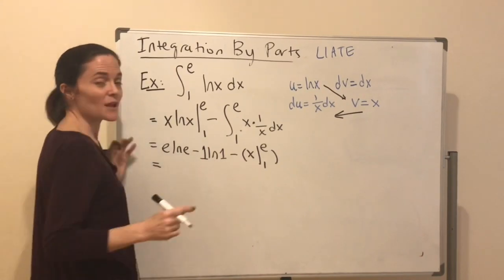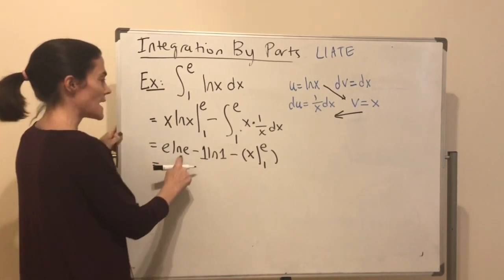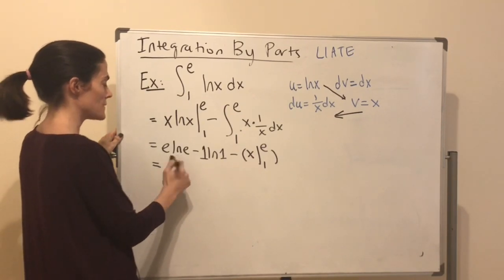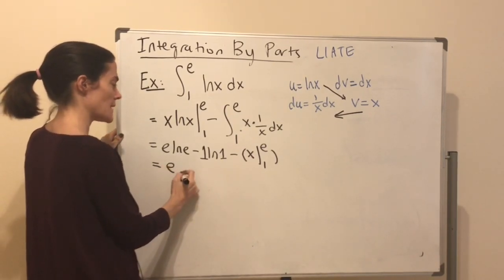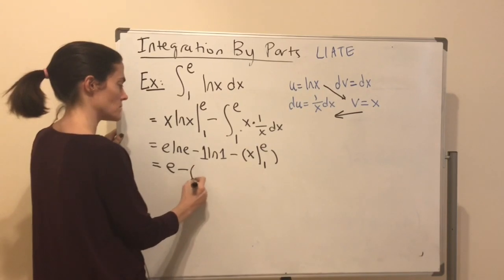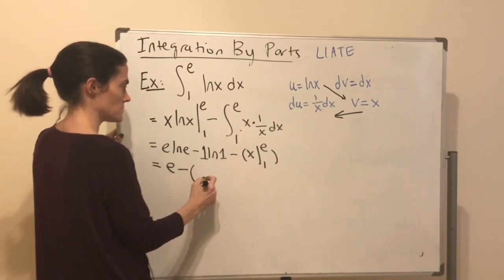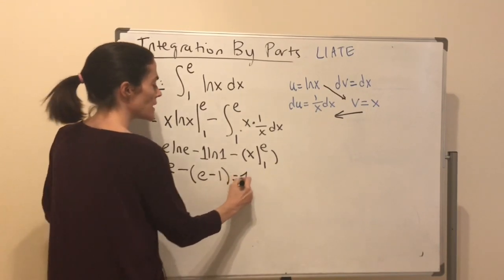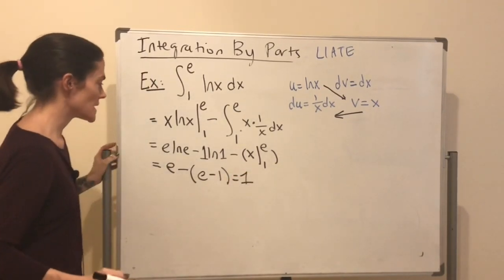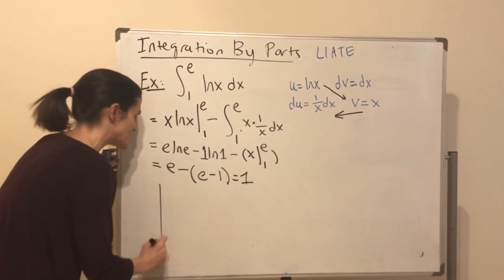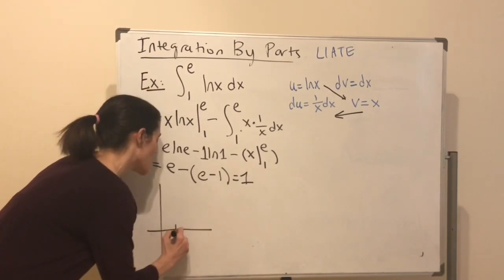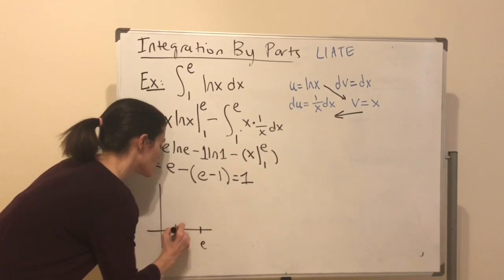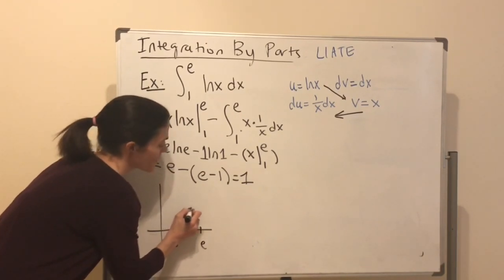Now, natural log of 1 is 0. Natural log of e is 1. So I get e, and then I have minus here. This is e minus 1. Oh, goodness, I just get 1. Well, that's interesting. What this says, as we know, if you graph natural log, here's 1, out here is e. The natural log goes through the point 1, 0, and then here.